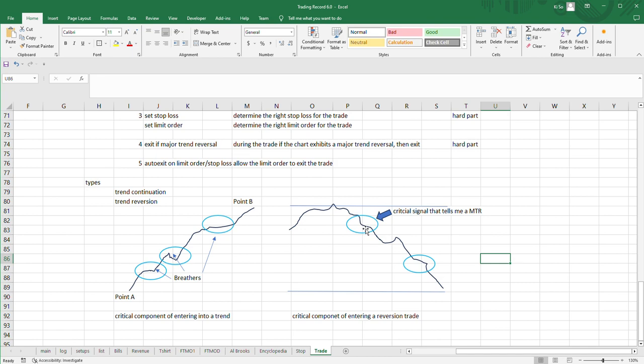When there's a major trend reversal, there will be a substantial move in the counter direction to where it originally started, based on a signal that is exhibiting solid characteristics.